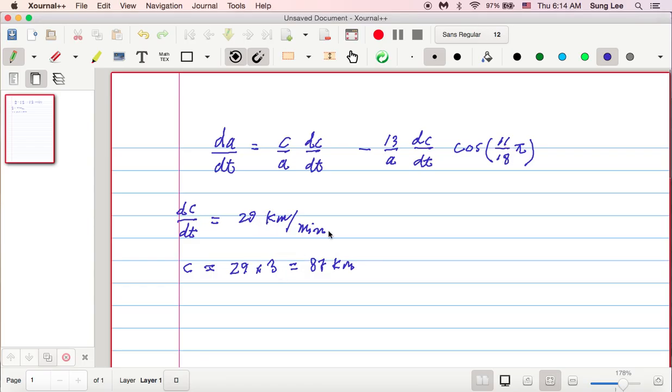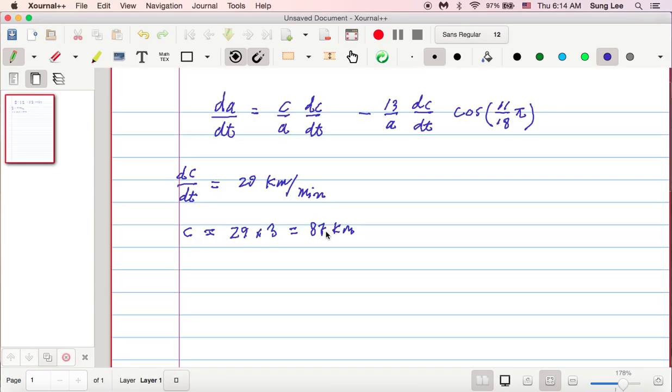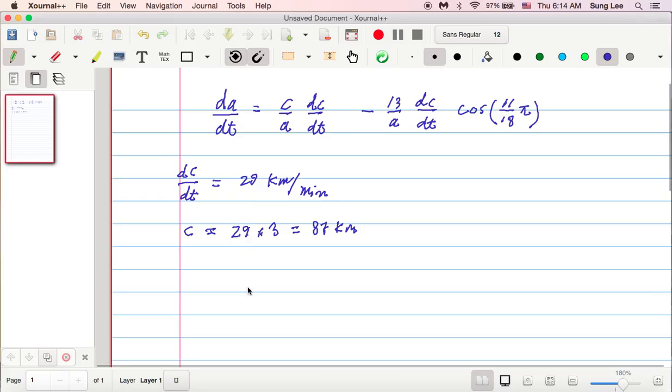But that can also be easily found using the equation that relates A and C from the law of cosines. We had that from the previous lecture.